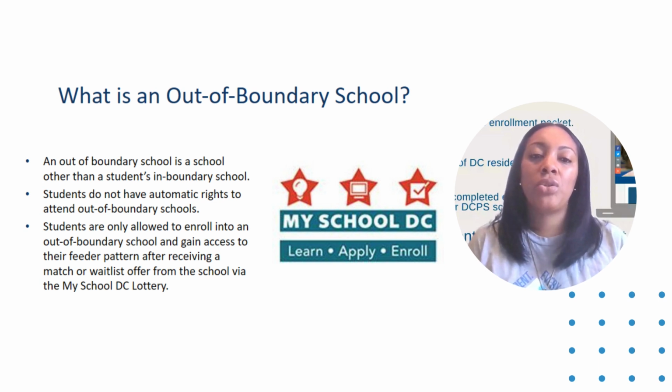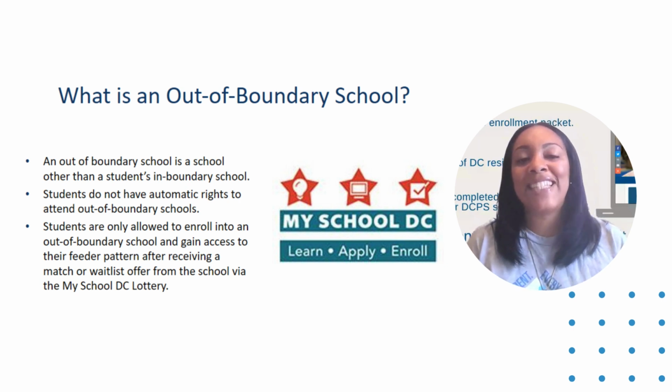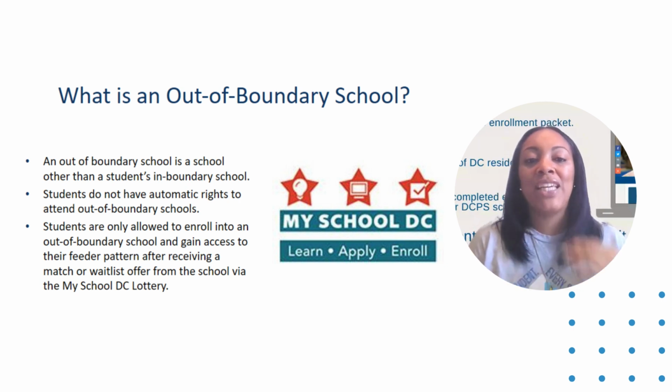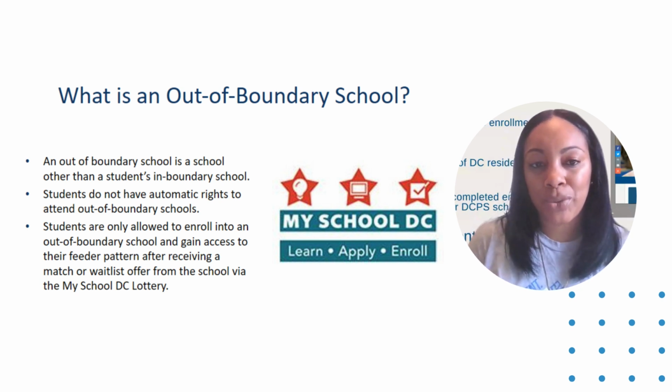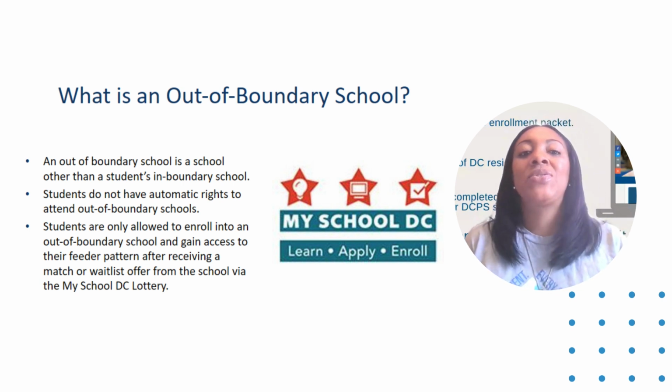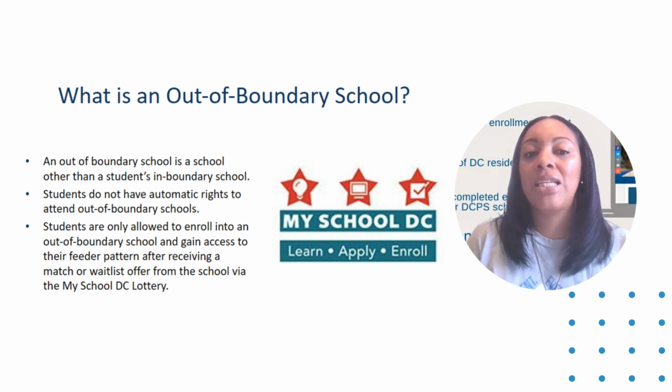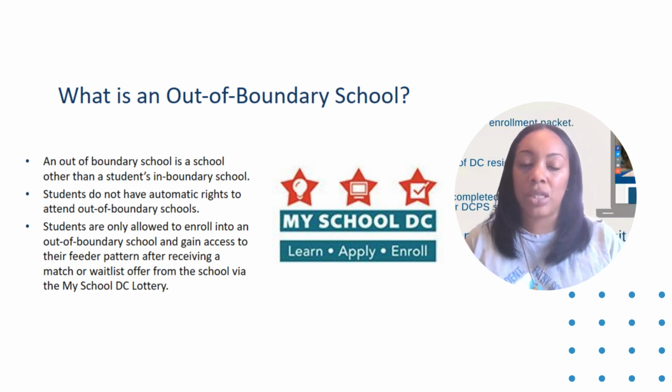What is an out-of-boundary school? An out-of-boundary school is a school other than a student's in-boundary school. We just did a test with 1200 First Street to find our in-boundary schools. So our out-of-boundary schools would be any school that is not listed as our in-boundary school. Students do not have automatic rights to attend out-of-boundary schools.